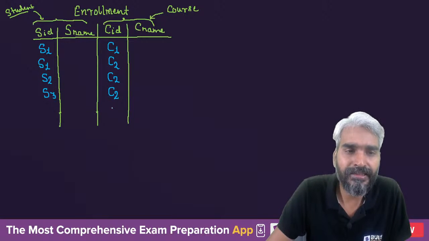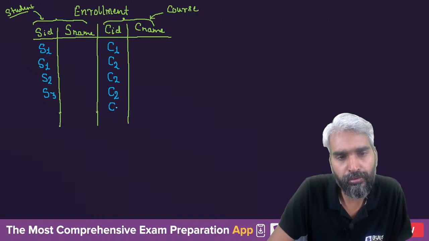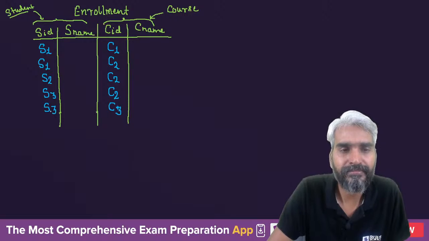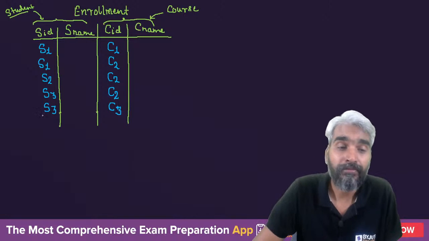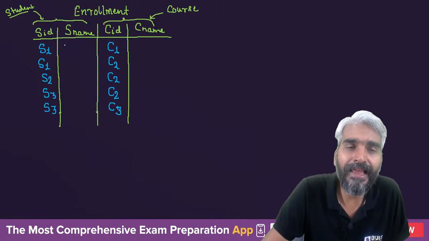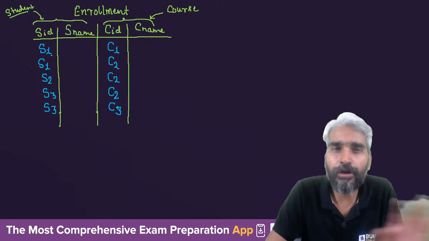Apart from that, this S3 can eventually enroll for a new course, let's assume C3. This is possible, right? This is possible. But what you need to understand is, sir, the name of the student S1 is not going to change.